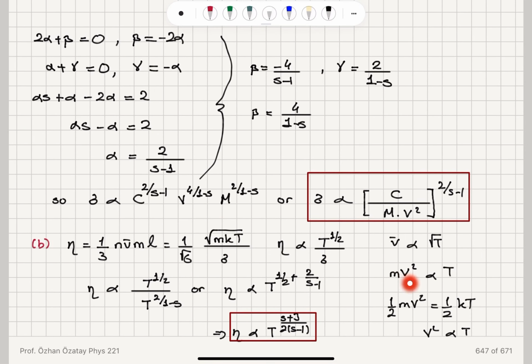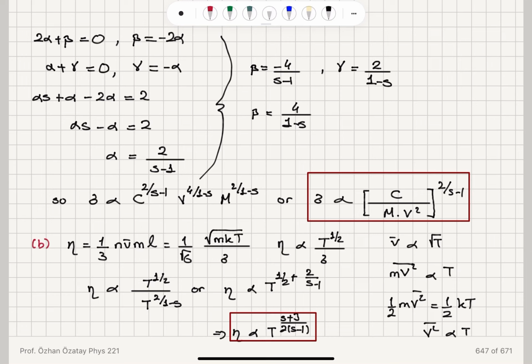Now the average value of m v squared is proportional to T, so v squared bar is proportional to T. So if you substitute that here, this is from the equipartition theorem, we obtain T to the power 1/2 dependence from the square root of mkT, and from sigma we obtain m v squared, we substitute T here, so it's T to the power 2 over 1 minus s.